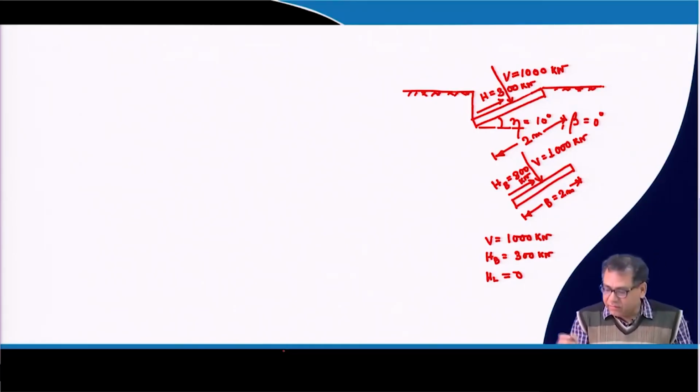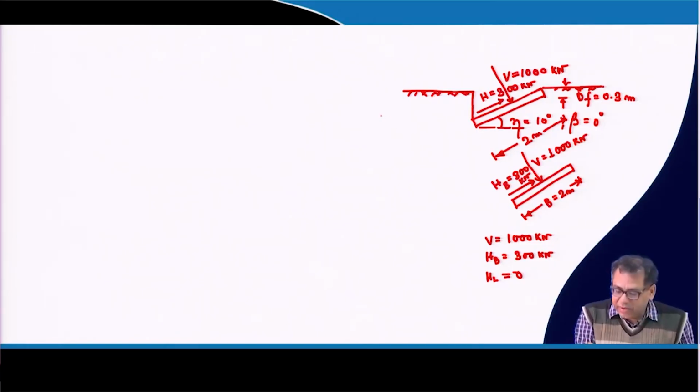Okay, so now the soil properties are given. Df is a very small value which is 0.3 meter. Okay, and your phi value is given 20 degree, C value say 100 kilonewton per meter square, and as I mentioned B is equal to 2 meter and L is equal to 3 meter.